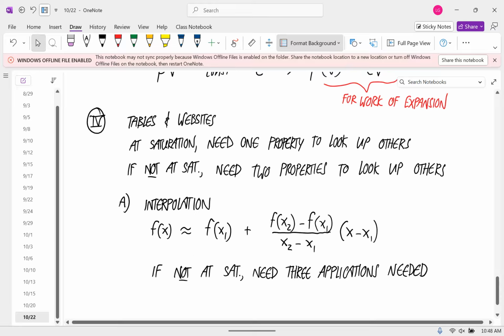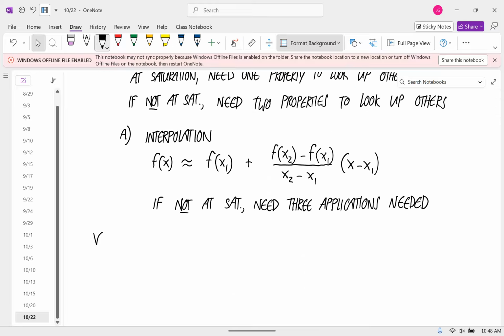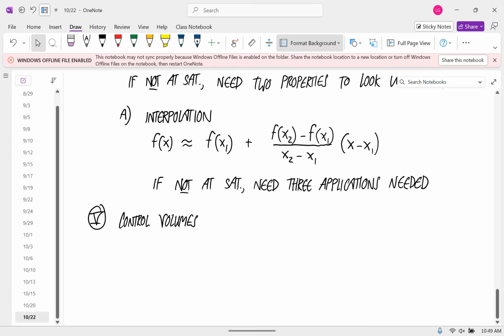And then part 5 is control volumes. There were 2 equations that we talked about so far for control volumes.